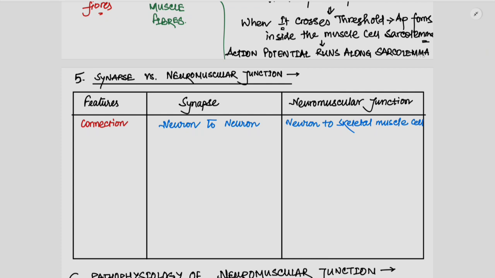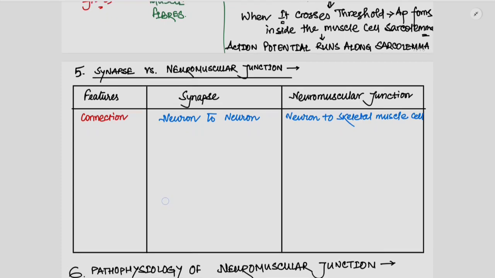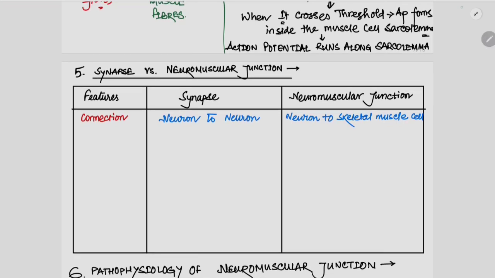Then, is it excitatory or inhibitory type of transmission? Synapse provides both excitatory and inhibitory responses, whereas neuromuscular junction is always excitatory. Next, the type of postsynaptic potential.